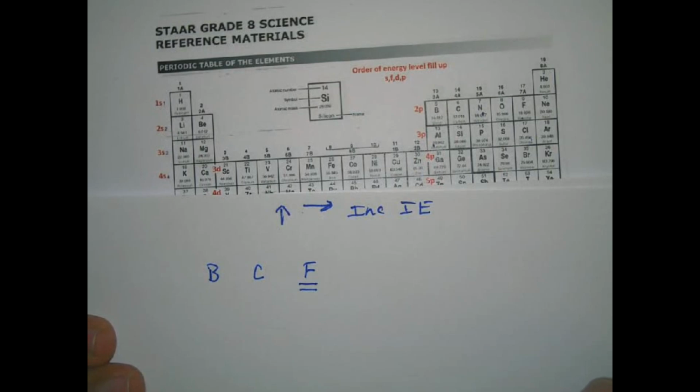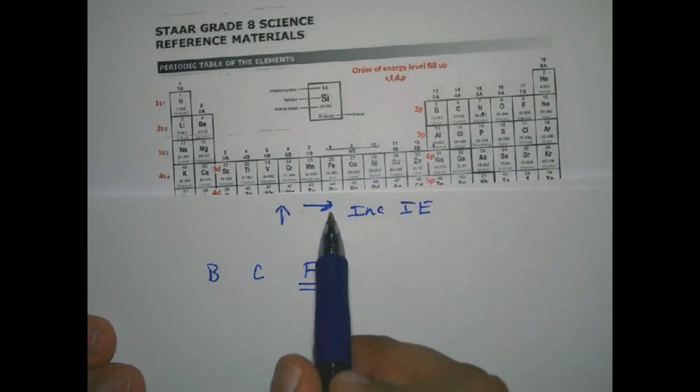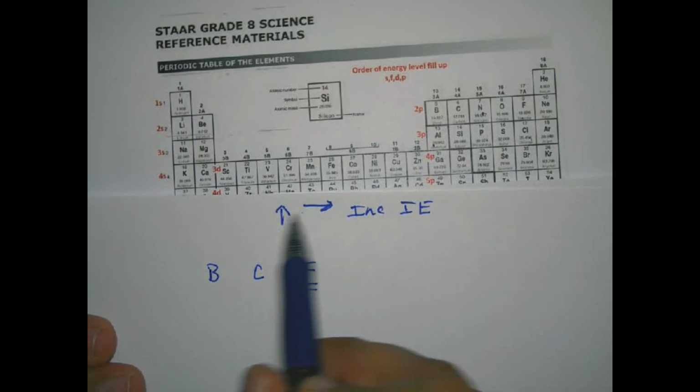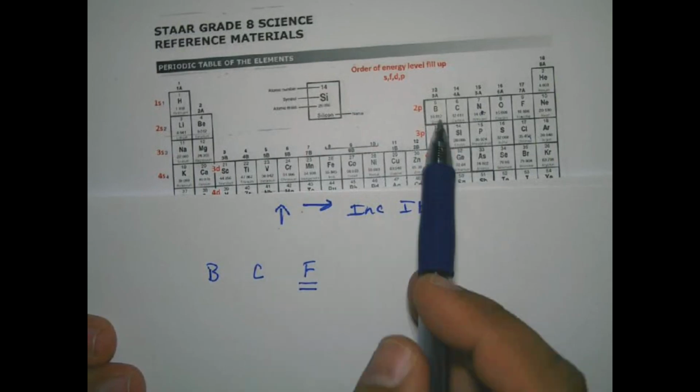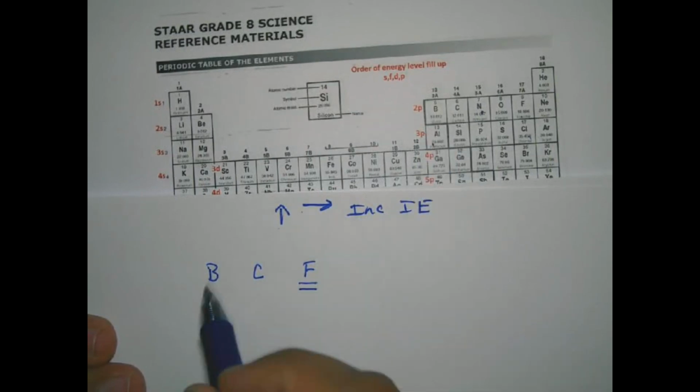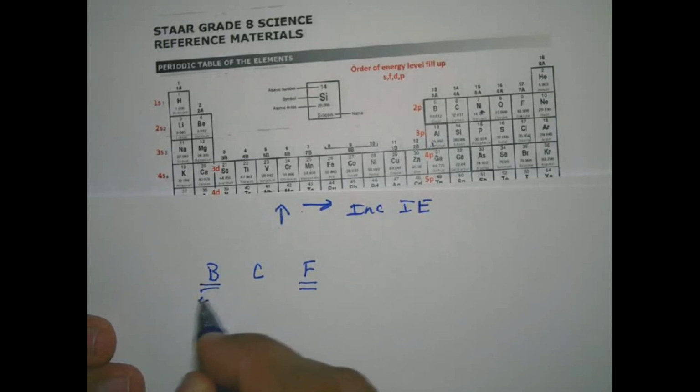Well, if it gets harder as you go right, reverse this, go left. So who's the most left? Boron is the most left, so he would be the easiest, right? He would be easy to pull off. Hydrogen would be hard to pull off. I mean, not hydrogen, fluorine would be hard to pull off. Okay? Easy, hard, based on the trend.